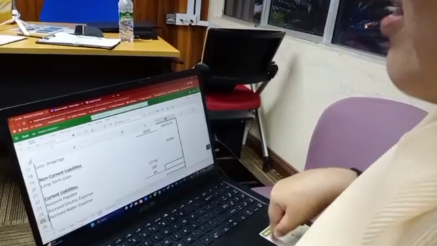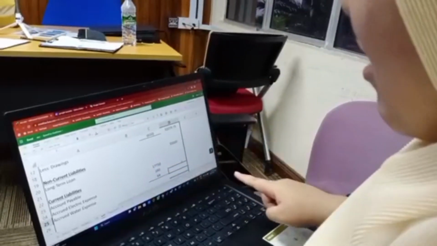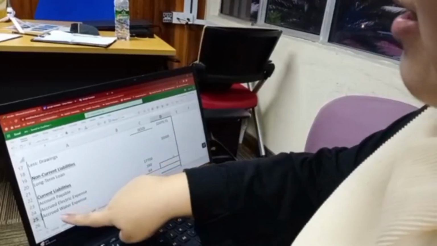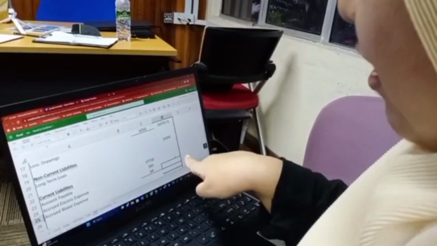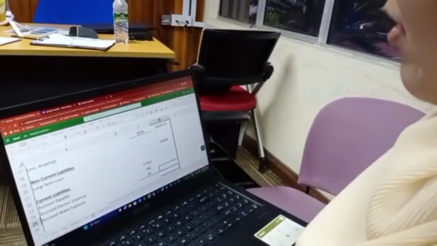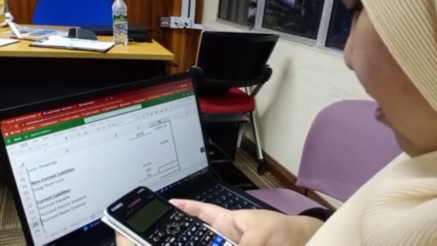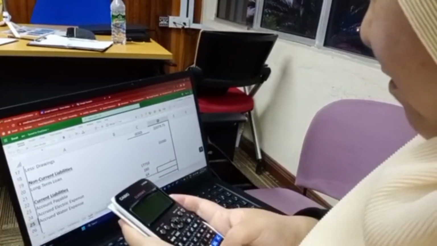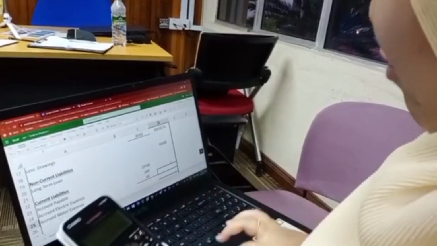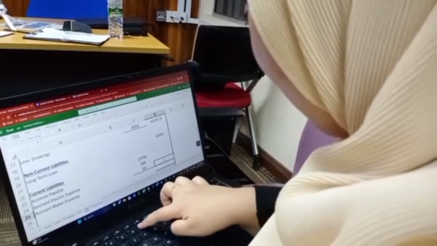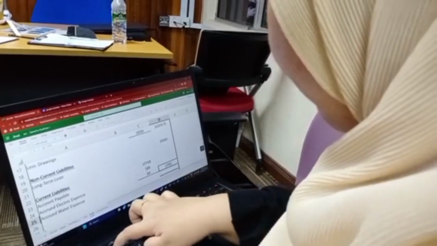So now we'll be counting the current liabilities. We need to add the account payable, the accrued electric expenses, and lastly the accrued water expenses. So now I'm gonna calculate it first. The total is 7,994.